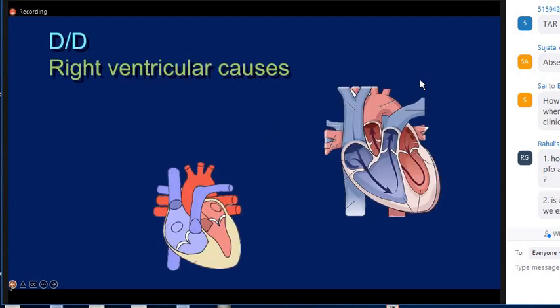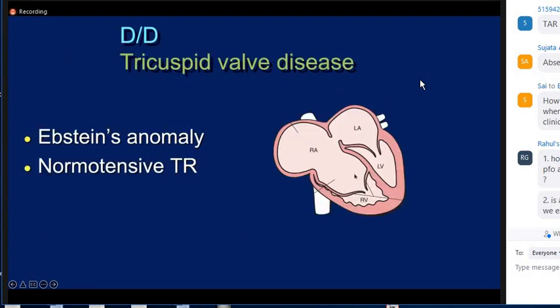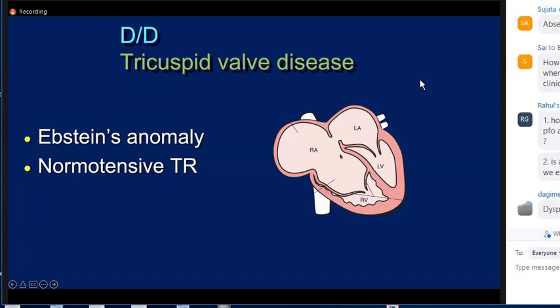There will be multiple sounds: a split first heart sound, a split second heart sound, and a non-ejection click due to the abnormal anterior tricuspid valve. In auscultation, you will have parasternal pulsation, but it's an extremely rare phenomenon to have a parasternal heave.